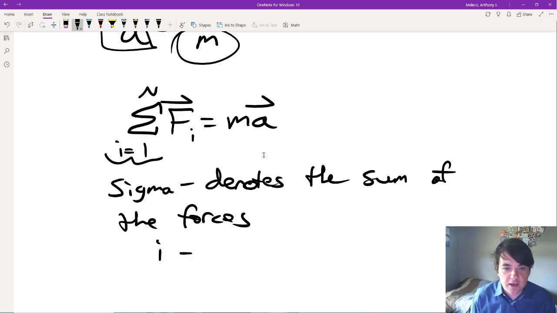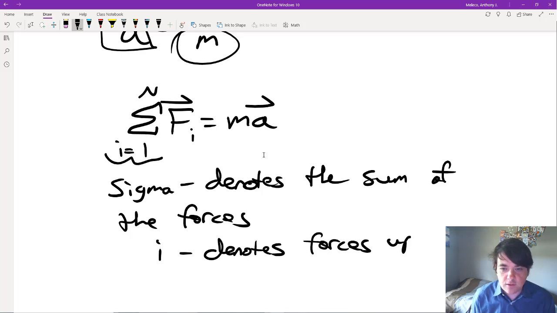So the i denotes forces from 1 to n. In other words, some arbitrary number. You can pick however many forces are acting on the object. Are there 10? Then it would be force 1 plus force 2 plus force 3.